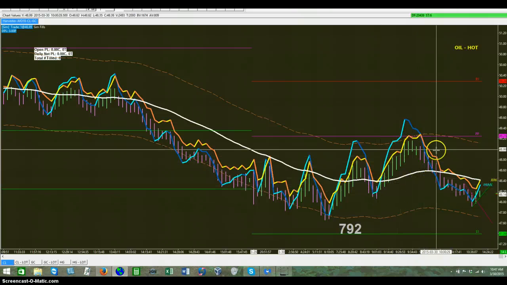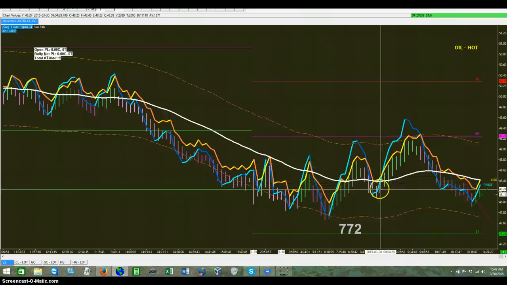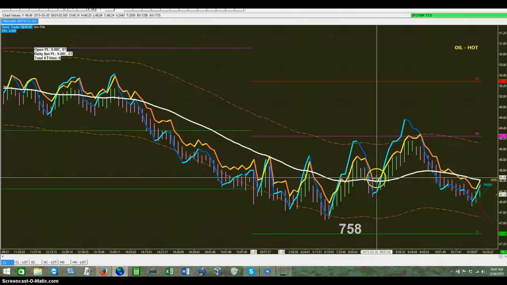And you're also watching the price action. Here you notice that the blue line is crossing the 0, and the price action also crosses the 0, but you haven't seen yet the blue line cross the 5.